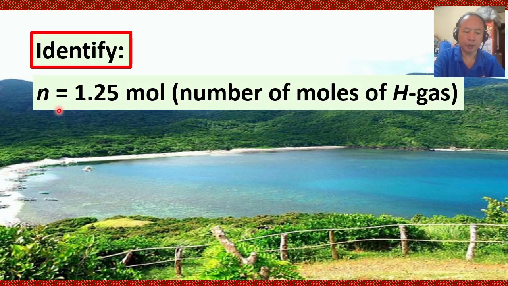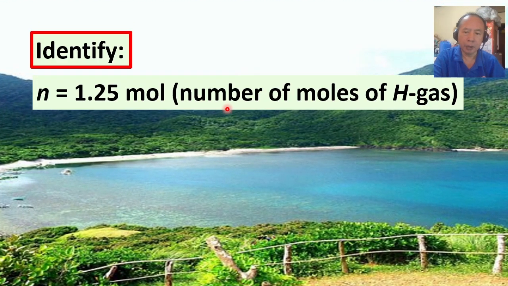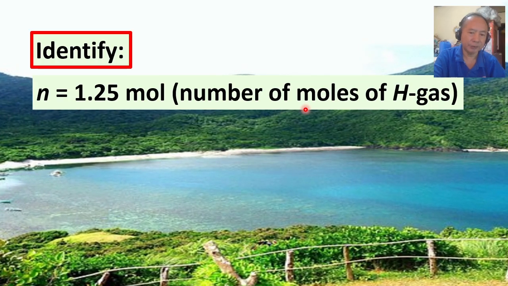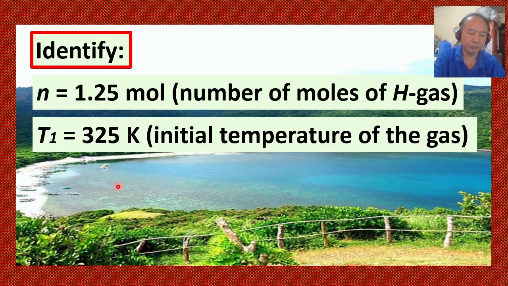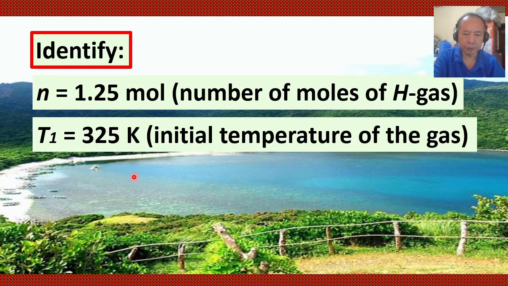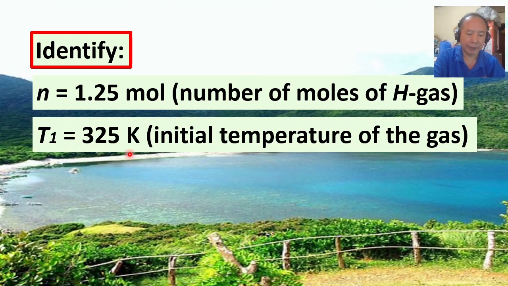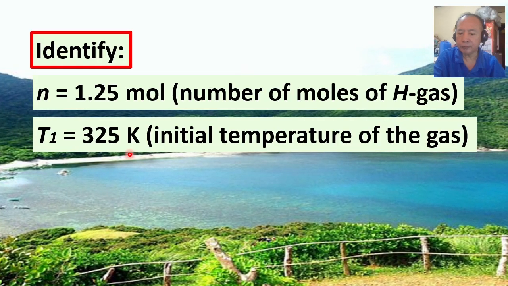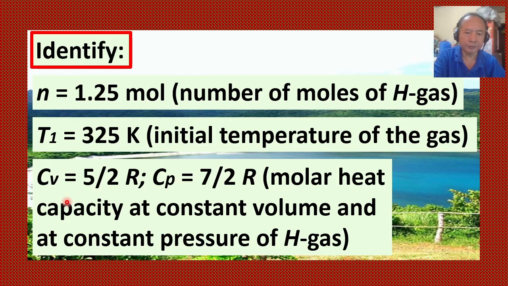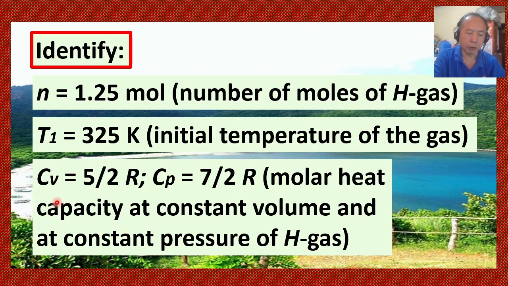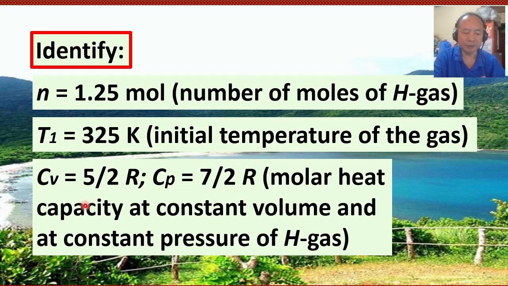In this problem, we are given 1.25 moles of the hydrogen gas at an initial absolute temperature, capital T sub 1 equal to 325 Kelvin. We are also given what we call the molar heat capacities of the hydrogen gas.